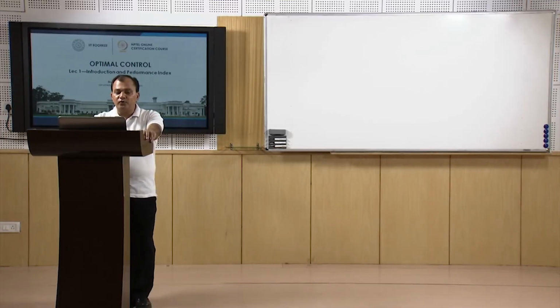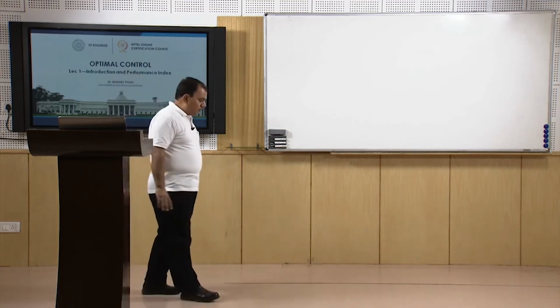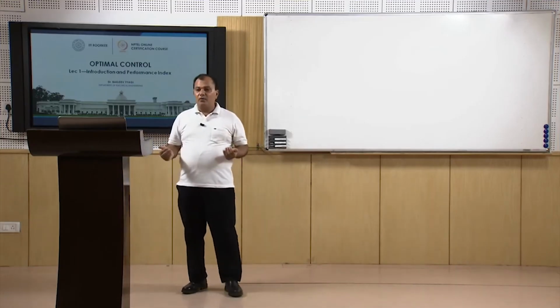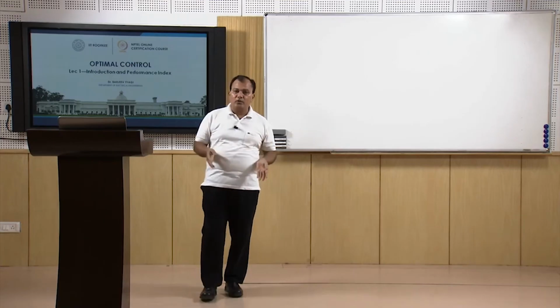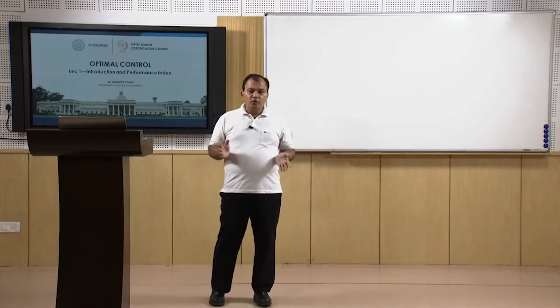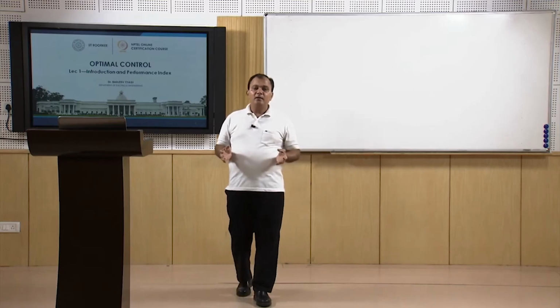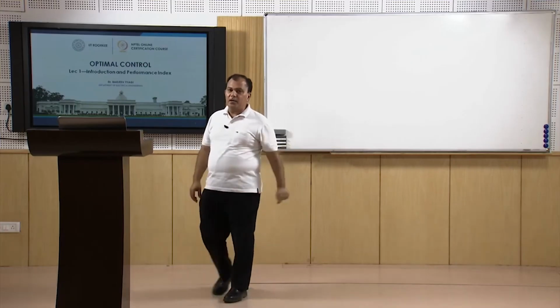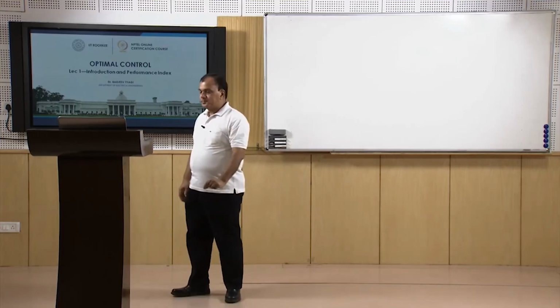The objective of this course is to study particularly these three approaches: variational calculus, dynamic programming, and the Pontryagin principle. In this course we are concentrating on the dynamic optimization problem and how it can be solved using variational calculus, or calculus of variation, or using dynamic programming, and if my system is a constrained system, then how we can use the Pontryagin minimum principle to solve an optimal control problem.